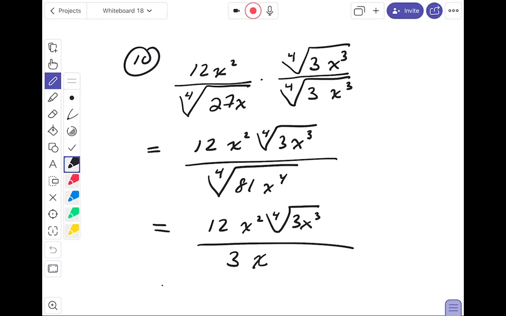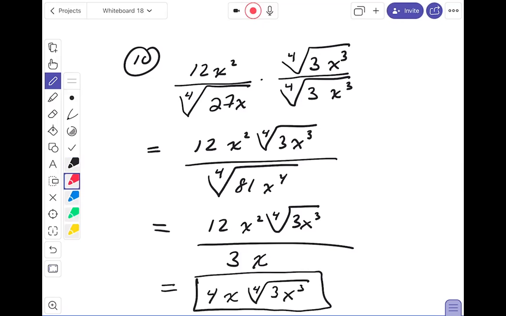It can be reduced. 3 goes into 12 4 times. One of the factors of x would cancel off, so x squared over x would be x on top, and then the 4th root of 3x cubed. Box this in. Get my red pen out and see if I did it. Let's see what happens. And I'm seeing 4x, 4th root of 3x cubed. All right, let's go to number 11.